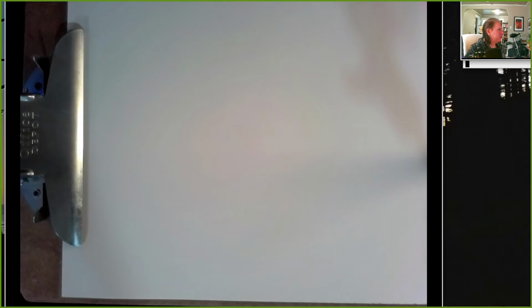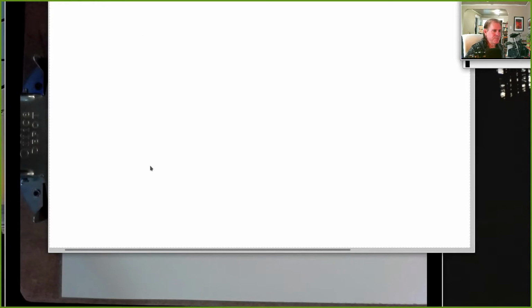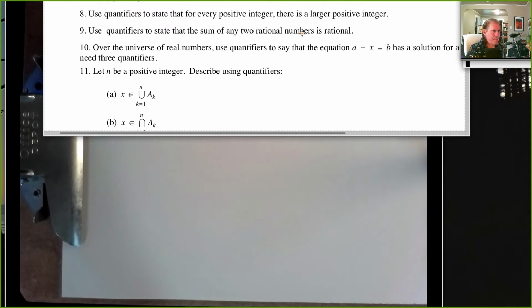So let's try question 9, which I did not assign. Use quantifiers to state that the sum of any two rational numbers is rational.